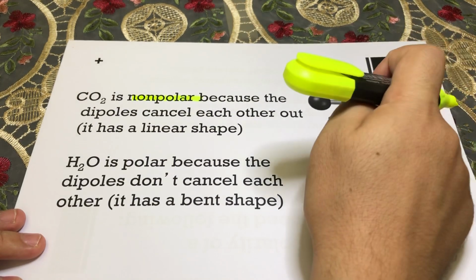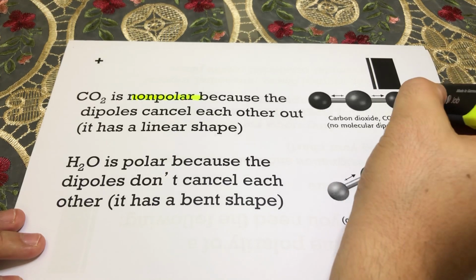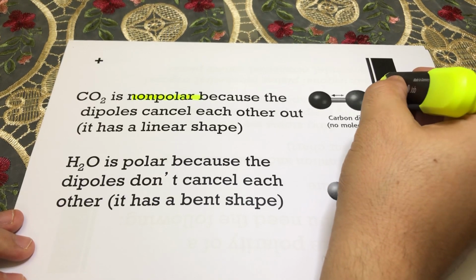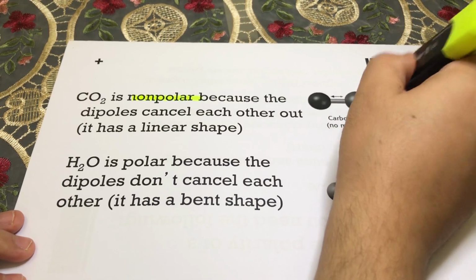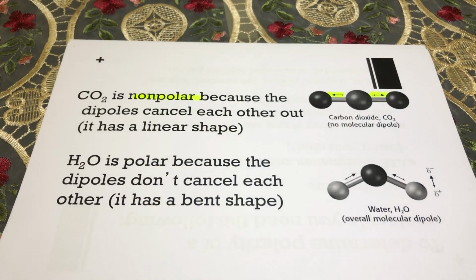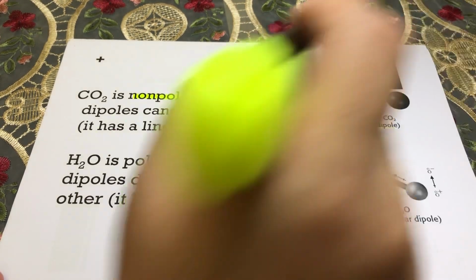So here we have a carbon, this is an oxygen, and this is the other oxygen. Oxygen is more electronegative than carbon, so the arrow direction will be toward oxygen, and this is for the other oxygen. Because they point in opposite directions, they cancel each other, so this molecule is nonpolar.